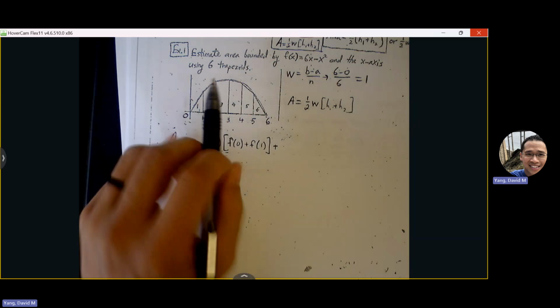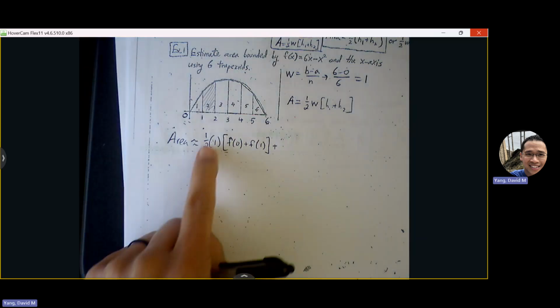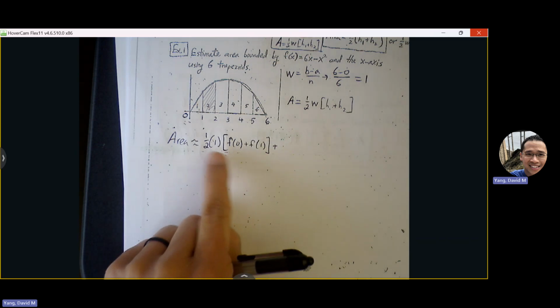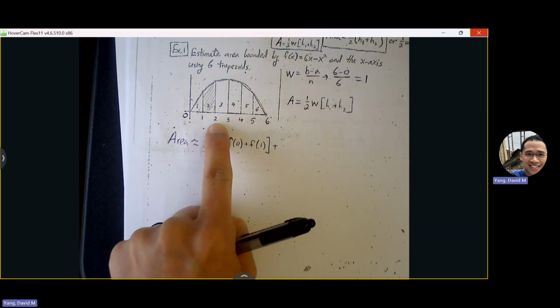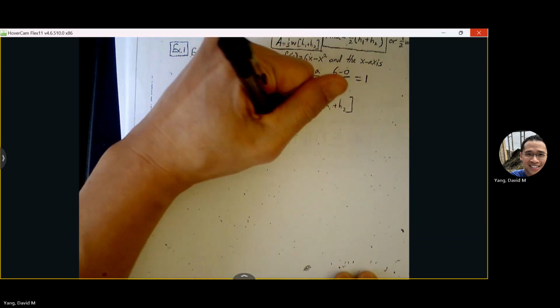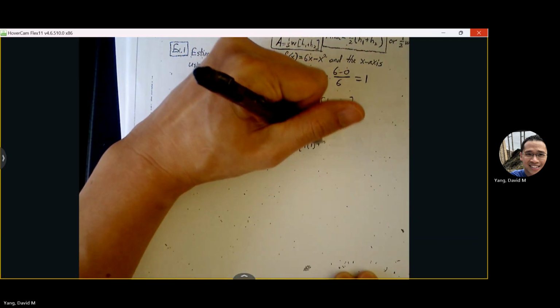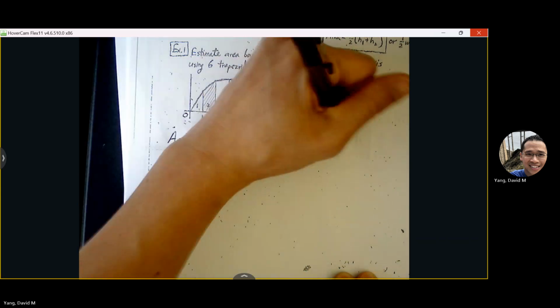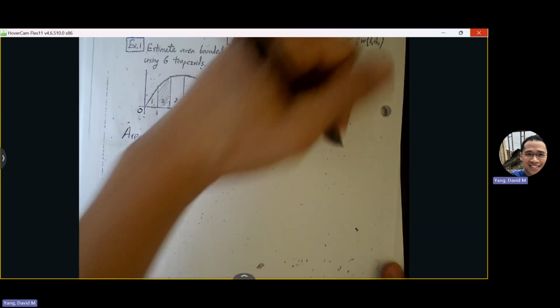Okay, second trapezoid. I'm going to shade in the second trapezoid here. So same process, right? The width is the same, still that 1/2, and then f of 1 plus f of 2. And then we're just doing this 6 times.